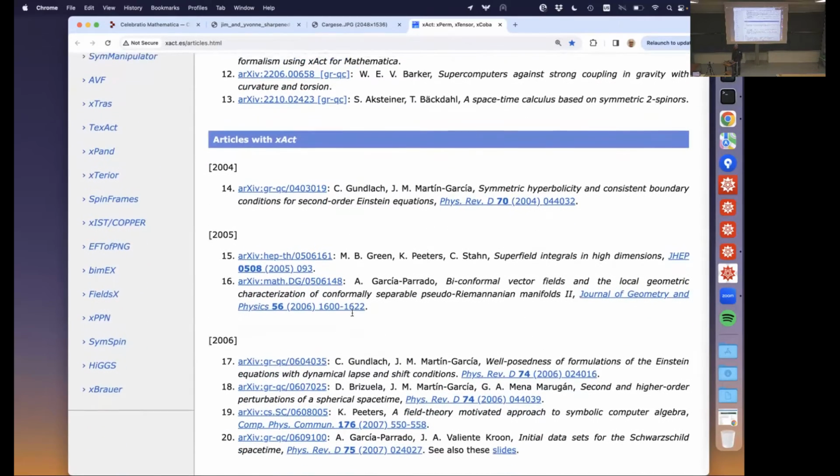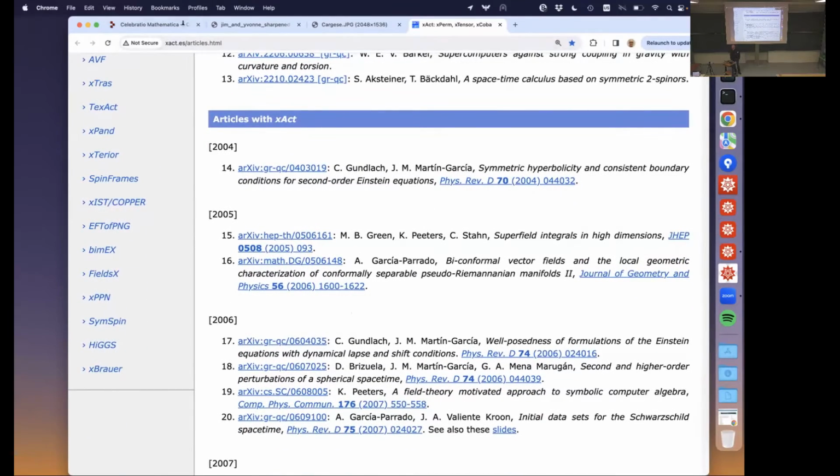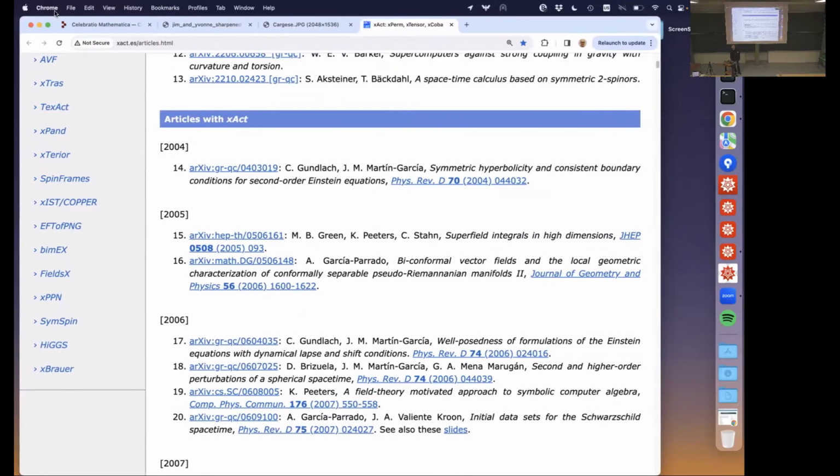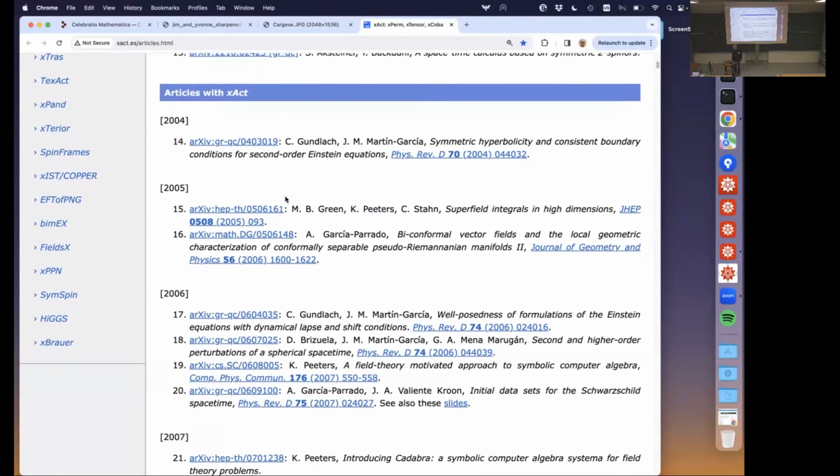So you can trace the history. At the beginning, the whole project was inspired by my work with Karsten Gundlach on the non-spherical perturbations of the Choptuik solution, the critical solution of scalar field gravitational collapse.